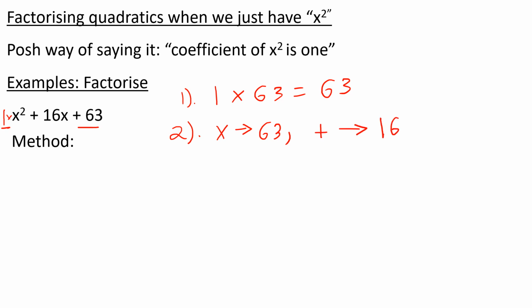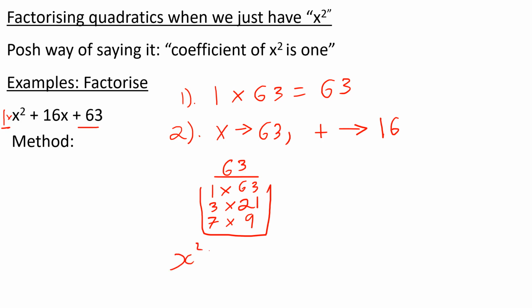So I'm going to look at the factors of 63. 1 times 63, 3 times 21, 4 doesn't go, 5, 6 doesn't go, 7 times 9, and then 8 isn't going to work, 9 times 7, that's a repeat. So it's going to be one of these pairs.